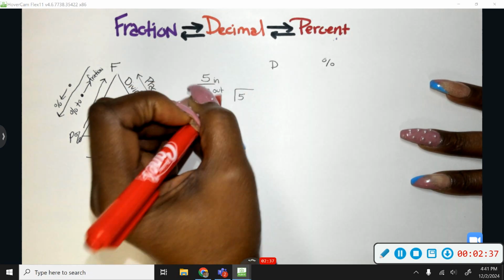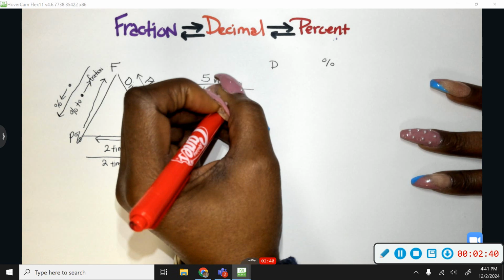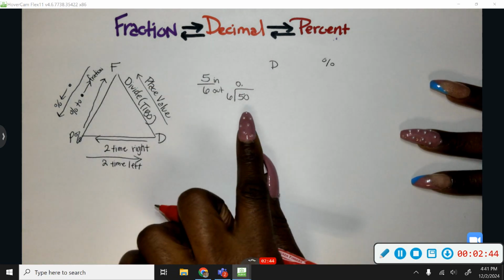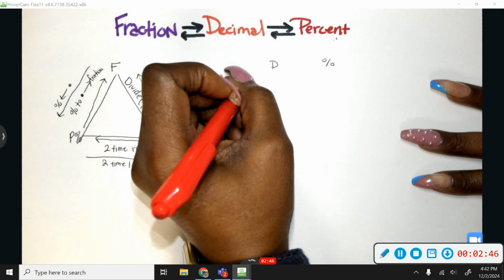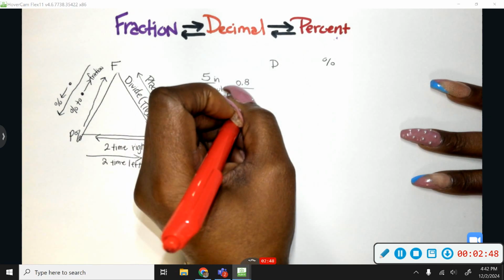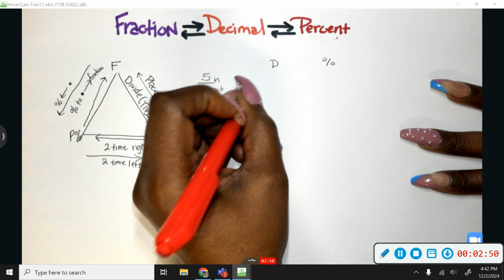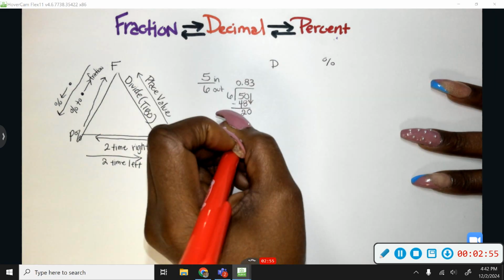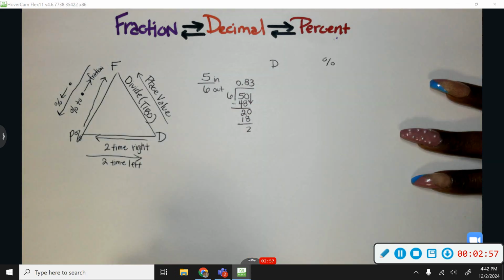Top goes in, bottom goes out. 0, placeholder, 0. How many times can 6 go into 50? It goes in there 8 times. 8 times 6, that's 48. I have 2 left over. Bring down my 0. And it goes in there 3 times. And it's just going to keep on repeating, so we can really stop right there.